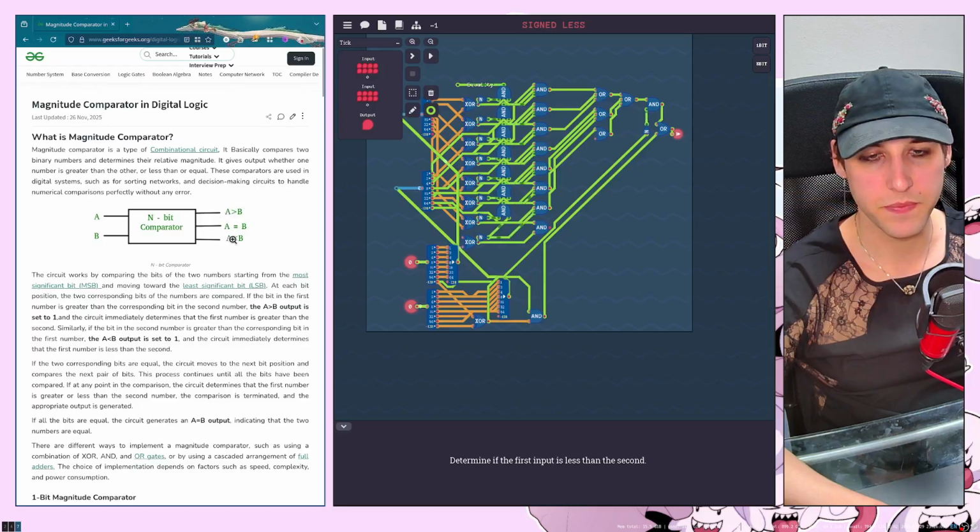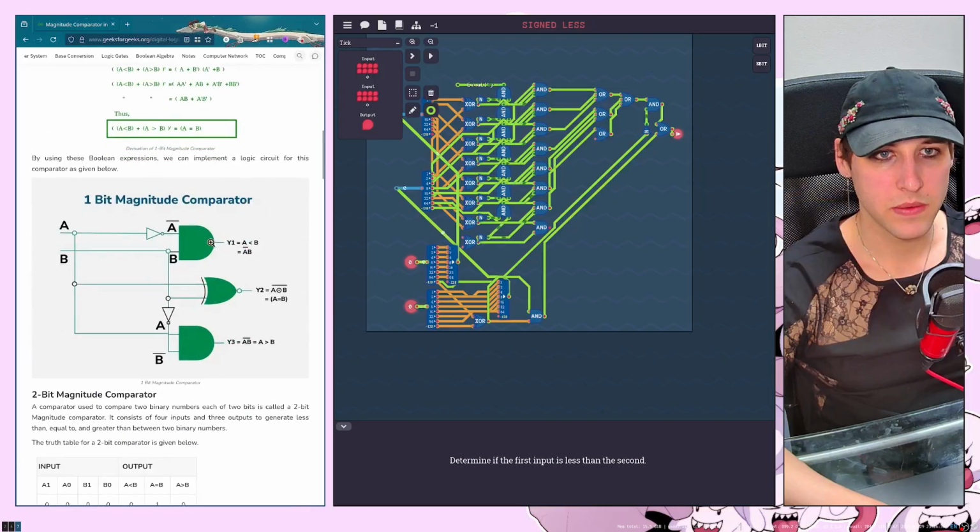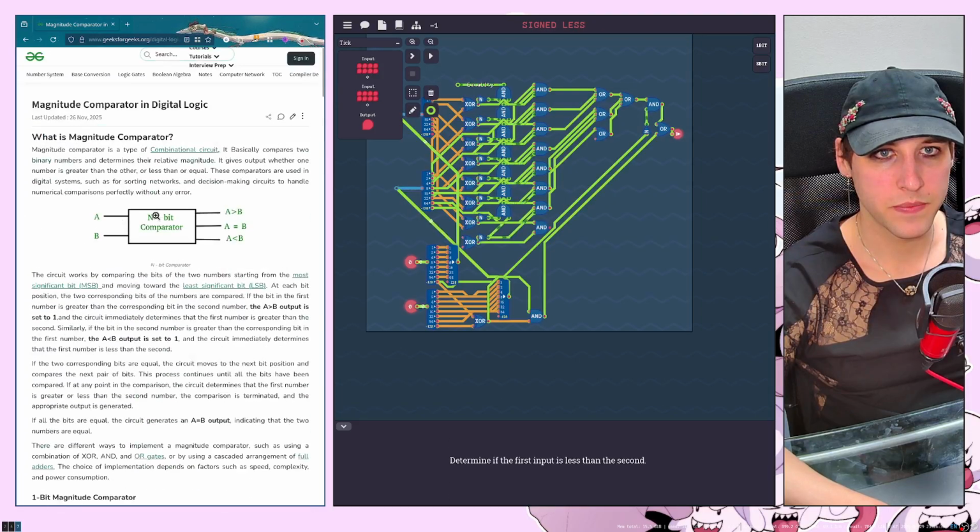It gives a true for when A is less than B on the last line, whilst giving a true on the first line when A is greater than B. And it also has a line that determines whether they are equal. This is a 1-bit, n-bit comparator.